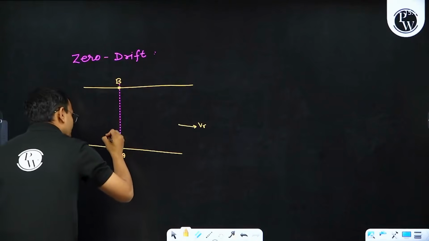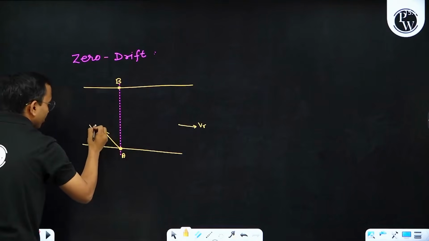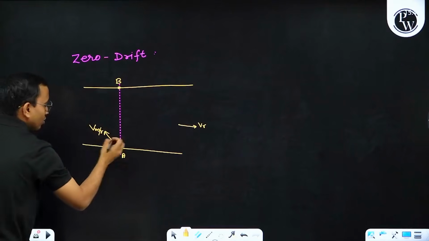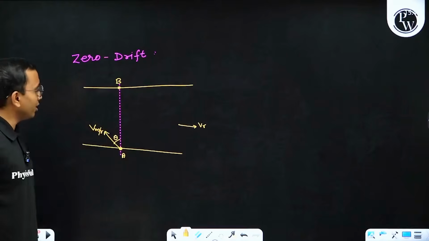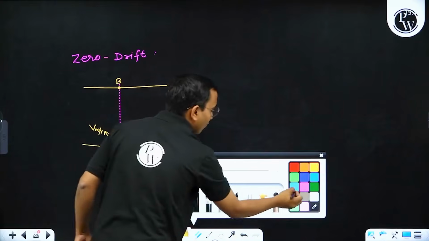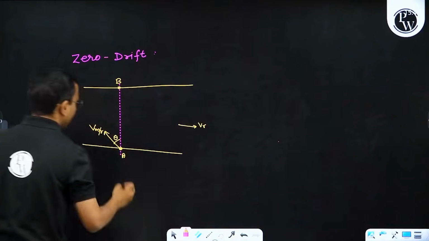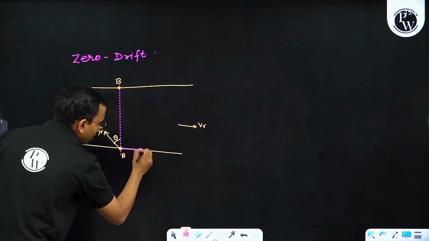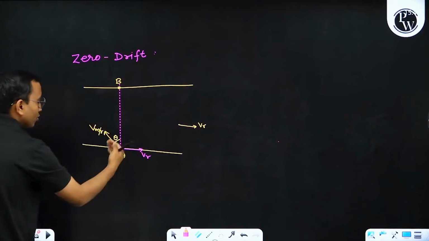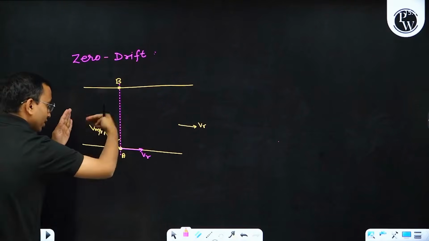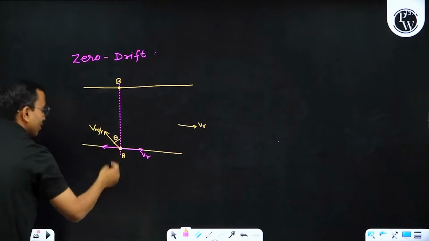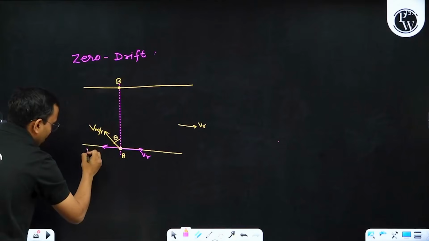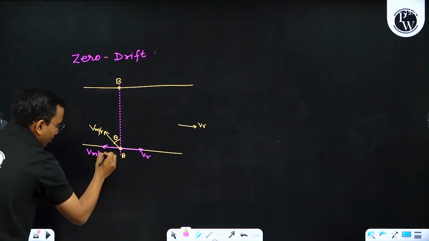So he will put his velocity of man with respect to river at an angle theta such that he moves along AB. When the horizontal components of the velocity cancel, the horizontal component of the velocity of man with respect to river should cancel V river, then only the resultant will be vertical. So this is velocity of man with respect to river sine theta.